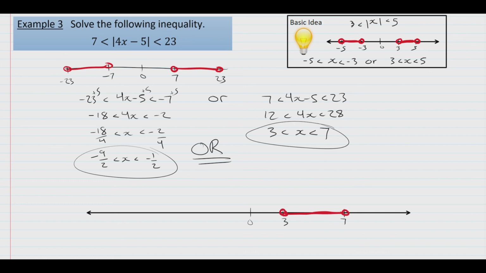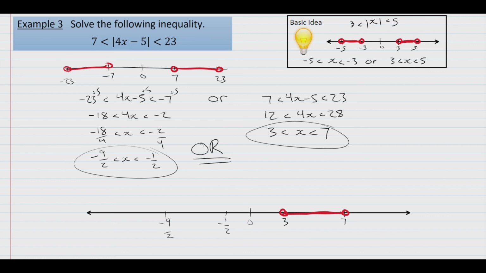But if the original less than signs were less than or equal to signs up here, then of course you would include those values, and you'd be using less than or equal to signs through the whole problem, including in the final answer. Getting back to the number line here, we also have the option of numbers between negative 1/2 and negative 9/2.